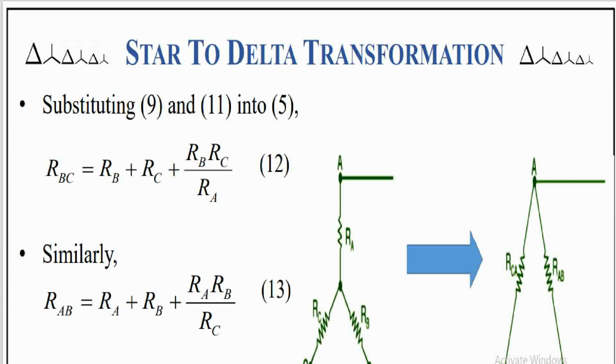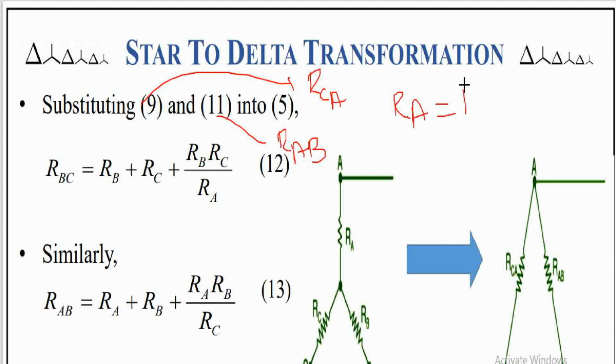So substitute these 9 and 11. 9 is nothing but your RCA and 11 is nothing but your RAB. Substitute this RCA, RAB in 5. What is 5? 5 is nothing but your RA.